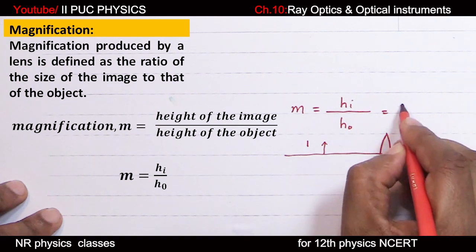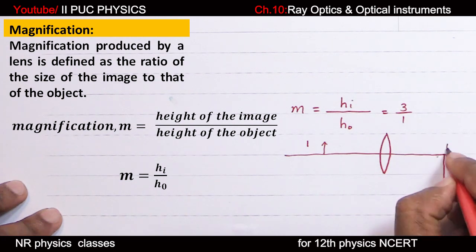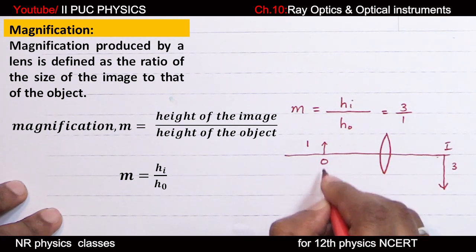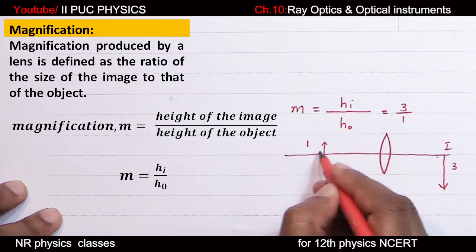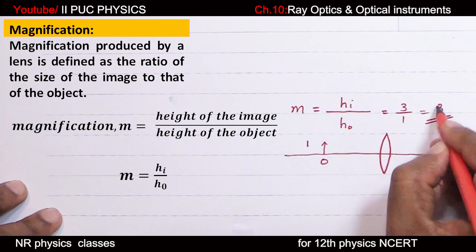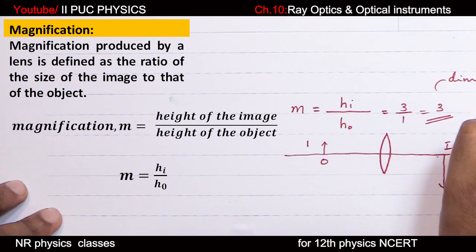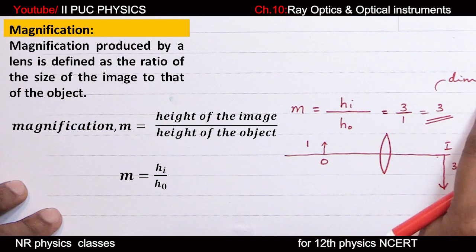3 times, 1 time. I am not using Cartesian sign convention here, just to understand. Okay, this is the height of the image. I stands for image, O stands for object. So 3 by 1 is 3. This 3 is a dimensionless quantity, so it has no unit.